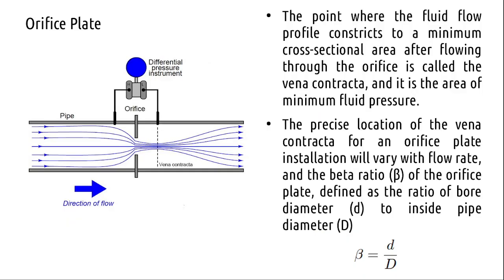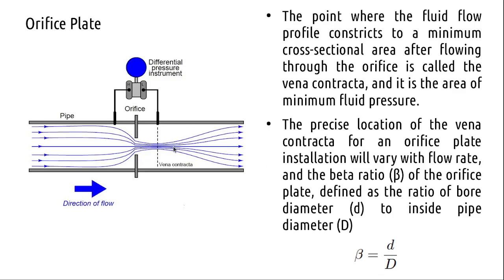So coming to this point where the flow contracts, that's what you call the vena contracta. That means it contracts, and it's the area of minimum pressure. You can say that P2, and it depends on the precise location of this.